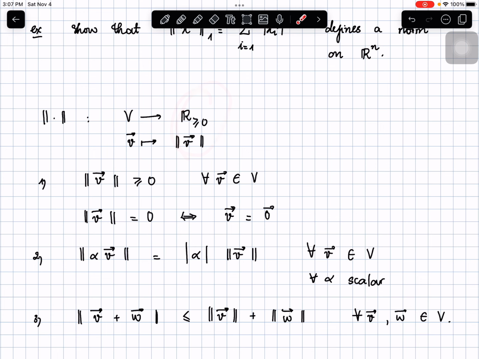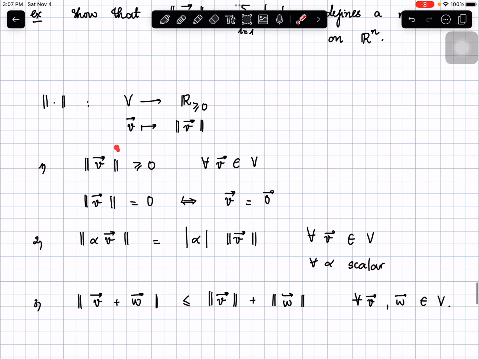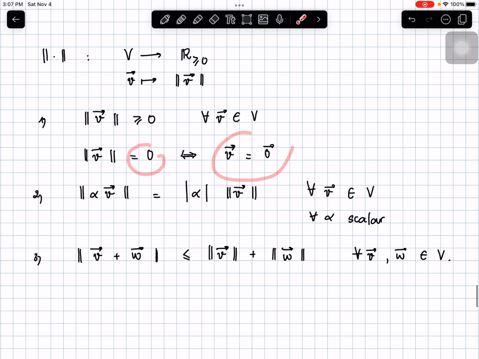numbers, such that the norm of each vector in the vector space must be non-negative, and it is 0 if and only if the vector is 0. And for any scalar alpha and any vector v in the vector space, the norm of alpha times v is the absolute value of alpha times the norm of v.